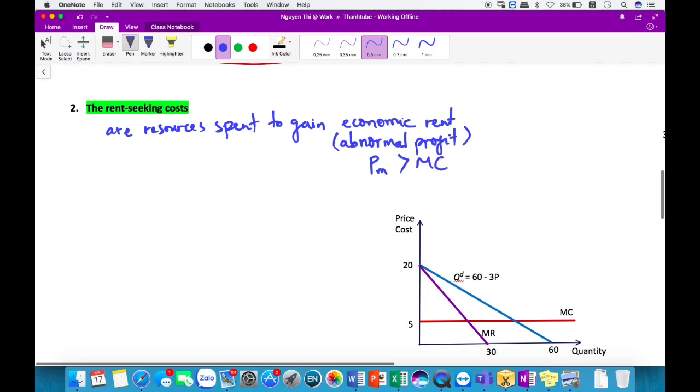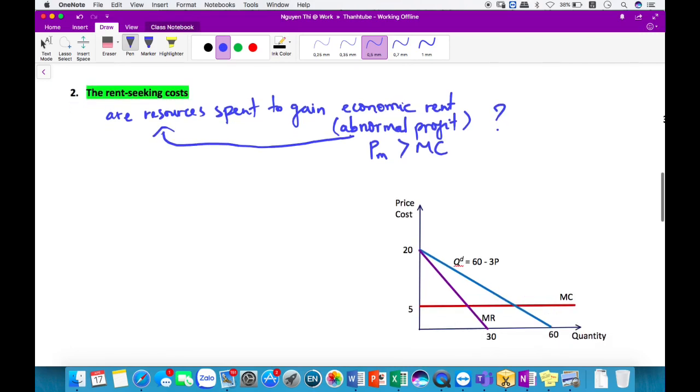But to get that abnormal profit, the firm will have to do rent-seeking activity, or we can say that the firm will have to use this profit as resources for rent-seeking activity. So to get rent-seeking costs, you need to define the abnormal profit.